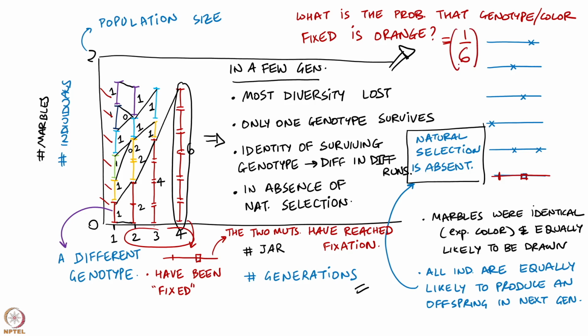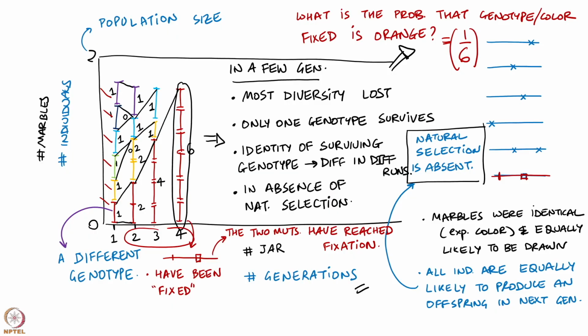This question is exactly the same as asking, I am going to roll a dice, what is the probability that I will see a 4. Now, there are only 6 possible outcomes, and each one of those 6 outcomes is equally possible. It is the same idea here: I am starting with 6 different genotypes. There are only 6 different outcomes which are possible in this game, which is green going to fixation, red going to fixation, and so on and so forth.